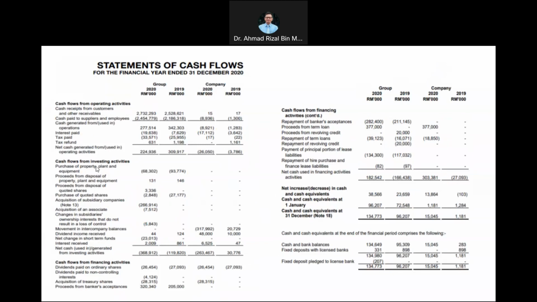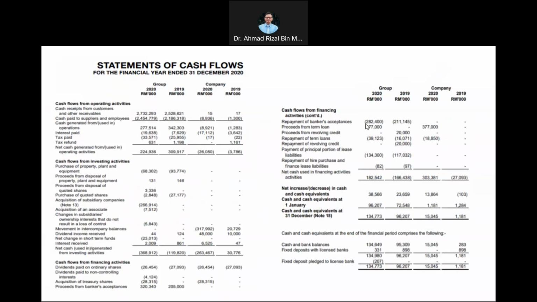Then you look at the investing activities. Basically look at the assets section of the company, the movement, any purchase or sale or disposal of assets. And then you look at the financing activities, starting from dividends, some of the equity items that fall under the shareholder equity section, liabilities, loans, borrowings, and whatnot.